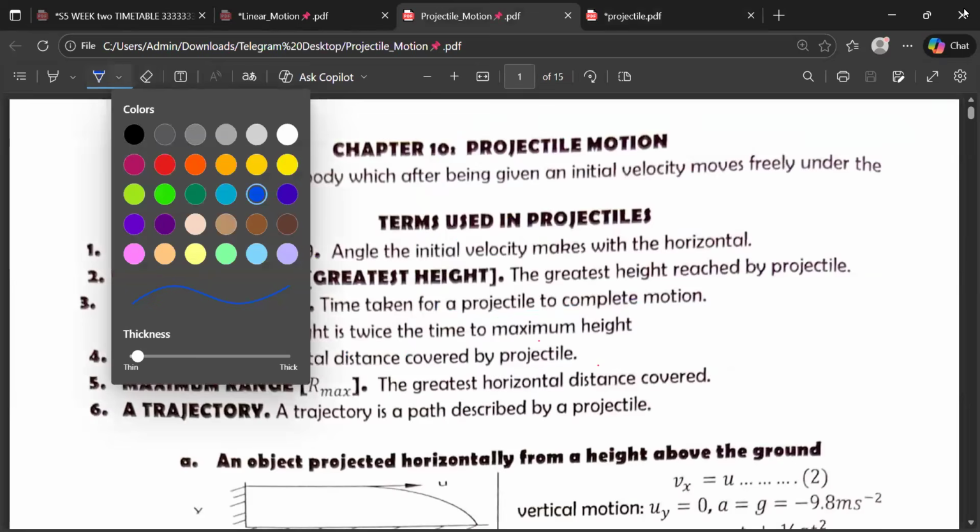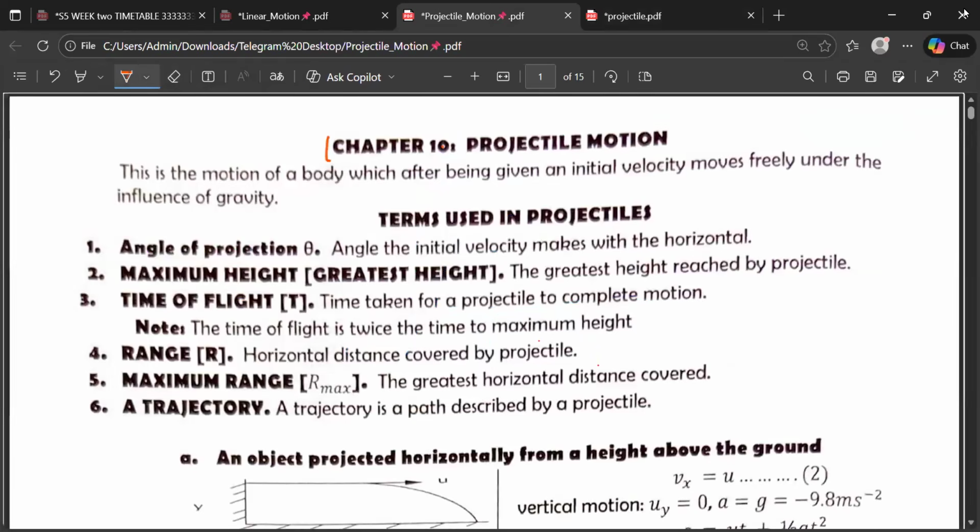Let's go. They are saying this is chapter 10, but these are notes of the old curriculum, but it's the same content. So it's the motion of a body after being given an initial velocity, under the influence of gravity. Very good point. Angle of projection, horizontal. Very important. About initial velocity, I've oversaid it.